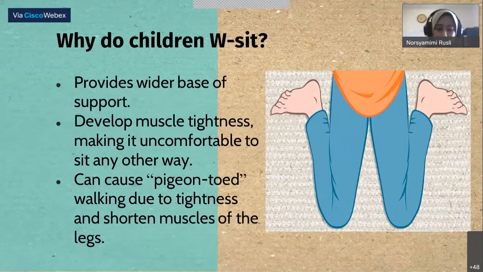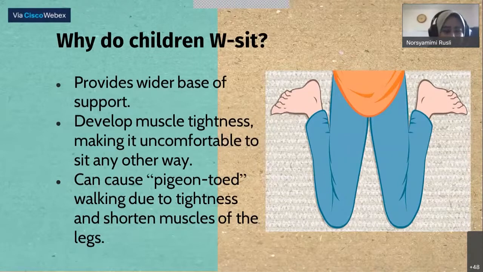So it's not really good. Having a weak core muscle may also affect their fine motor development. So usually children who W sit also have weak core muscles, which consequently affects their fine motor skills.